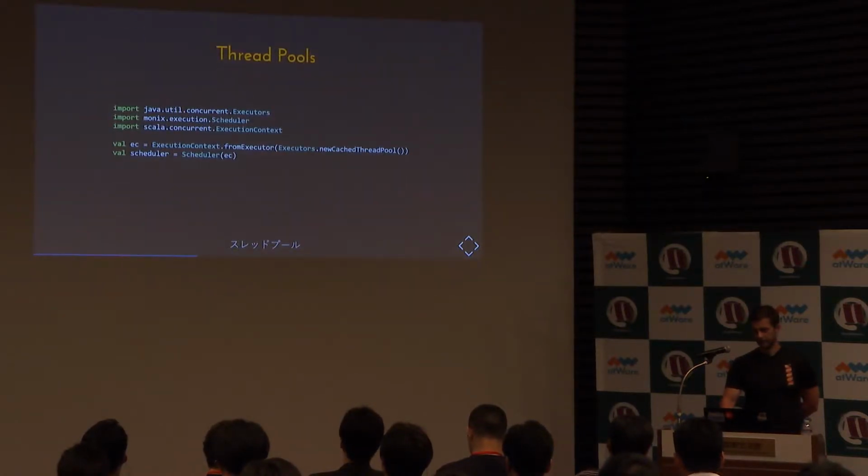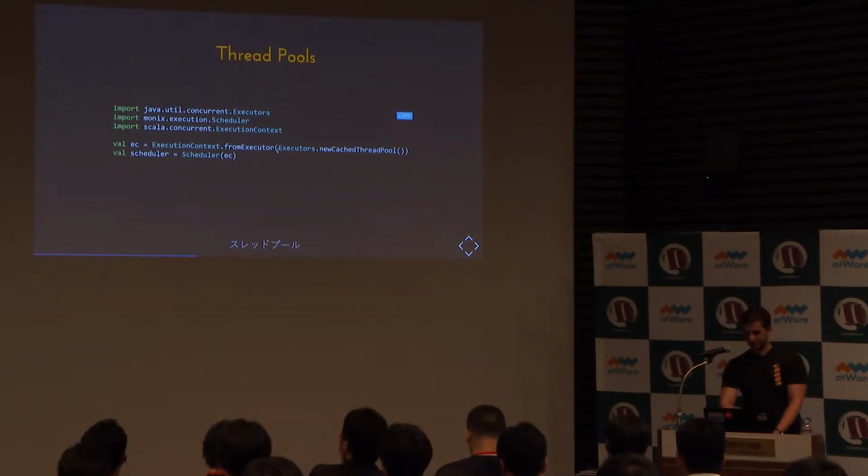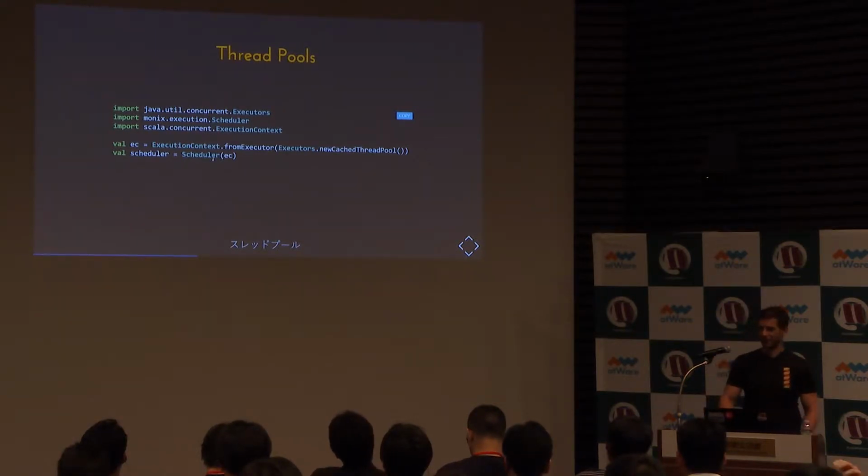And here's a simple example of defining your own thread pool, in this case in Monix. You will see that we basically wrap a Java executor to create an execution context, which we can wrap to have a scheduler. So basically, it all depends on the stuff that is provided long before us.